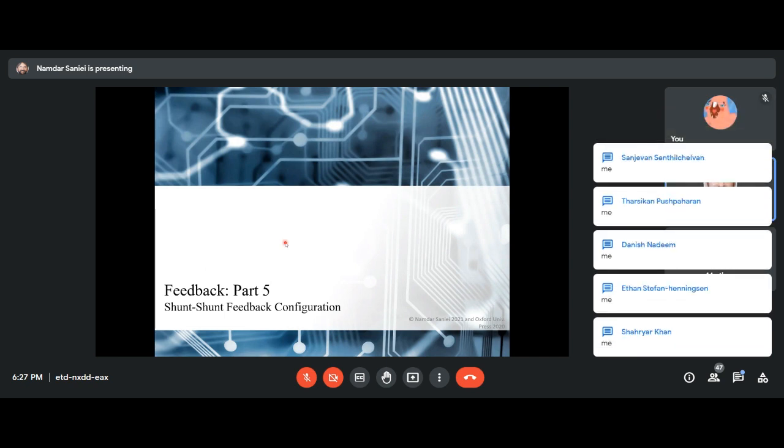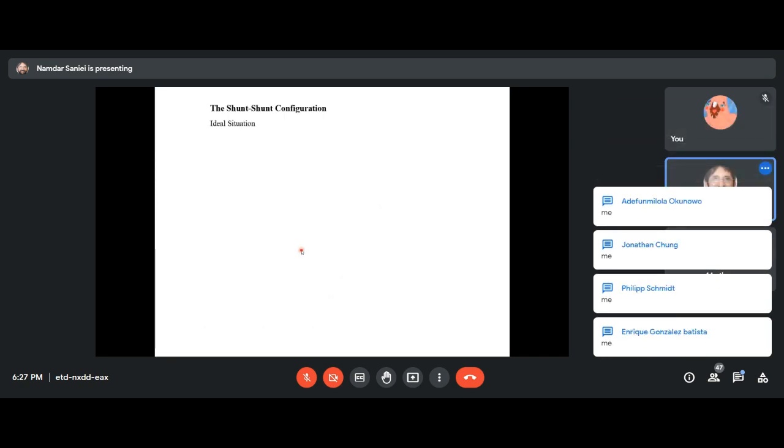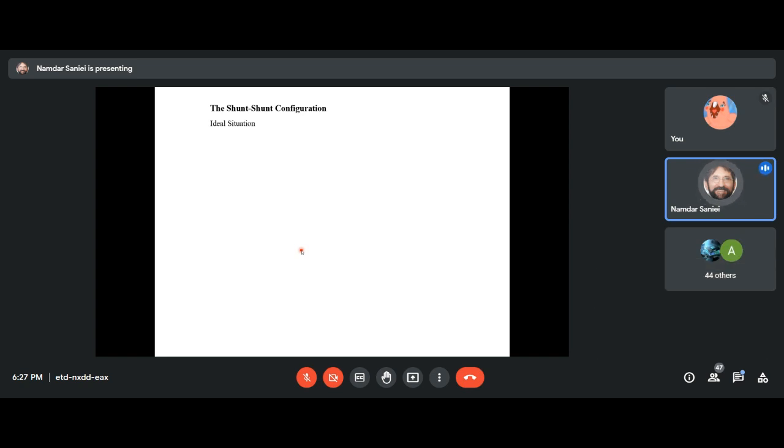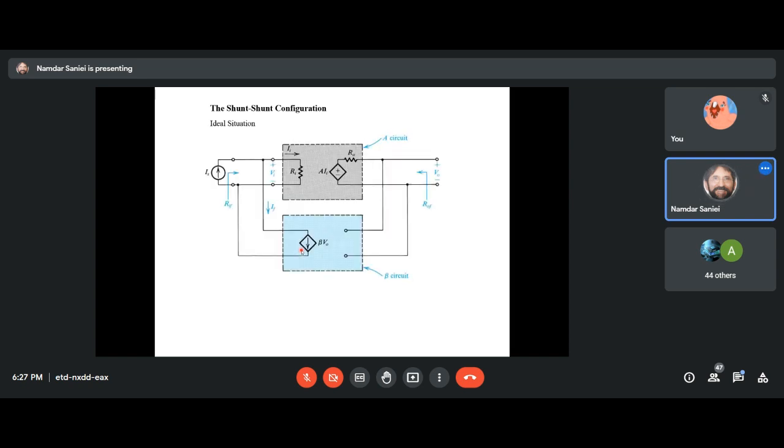Shunt feedback is another type of feedback. As usual, we look at the ideal situation first. Okay, here it is. Shunt. So it means that on the output side, it must be a voltage because we read the voltage in a shunt position. So this feedback network is like a voltmeter.